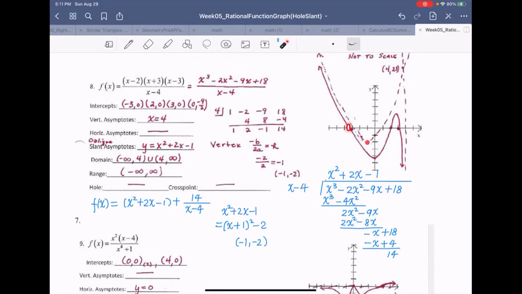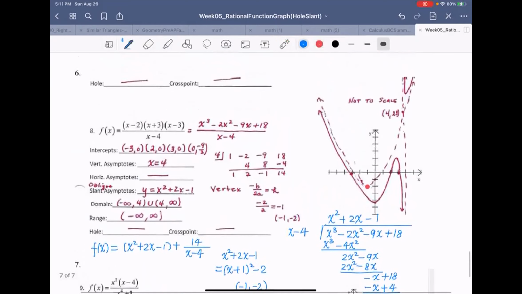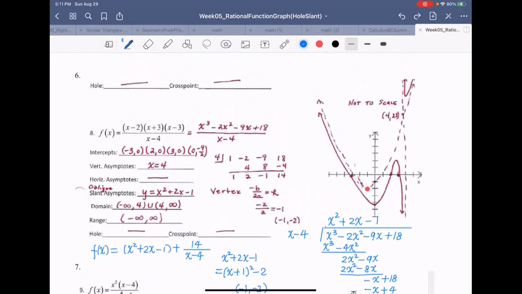Those are your zeros. So you will pass here, pass here, pass here. You will follow this trend of the parabolic asymptote, going down. You will be able to find your y-intercept by plugging in x equals 0.